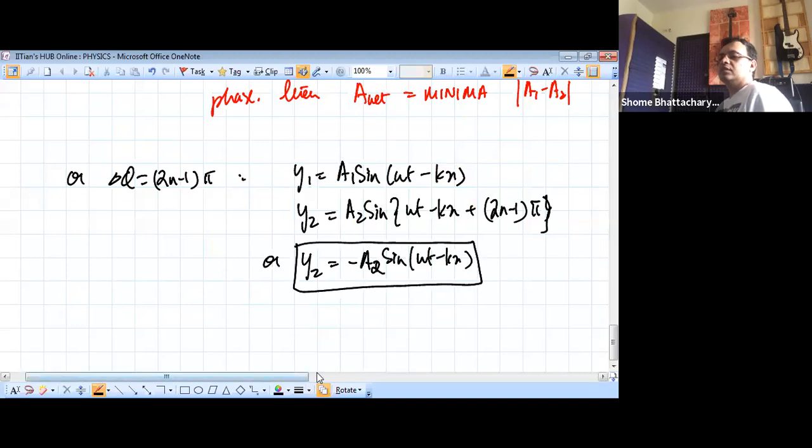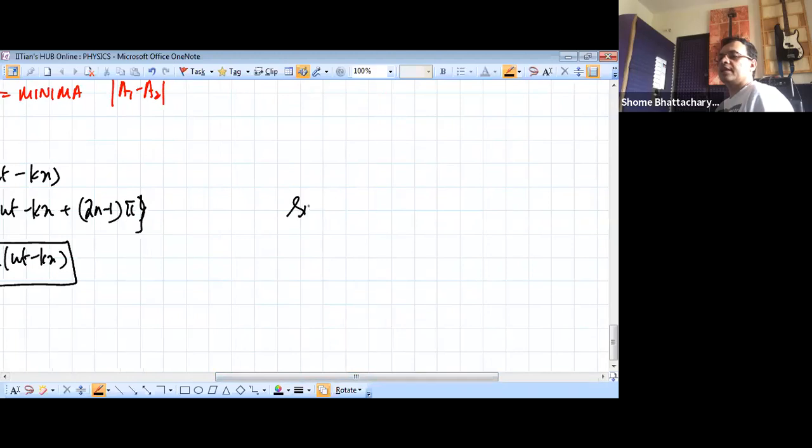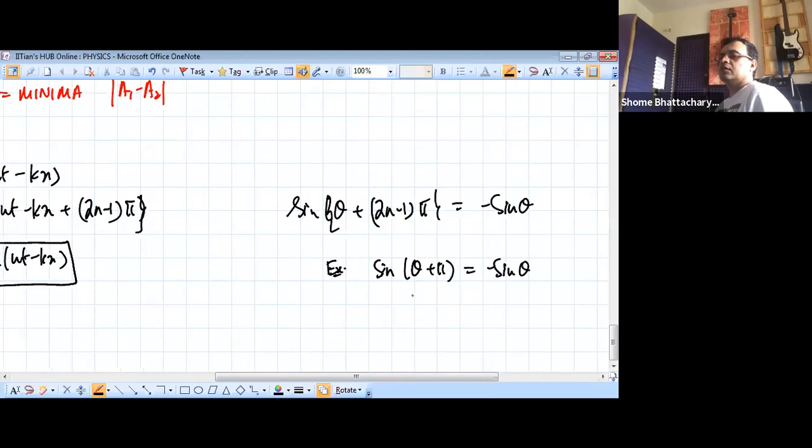The reason for that is simple trigonometry, that sine of theta plus 2n minus 1 pi is minus sine. For example, sine of theta plus pi is minus sine theta. Sine of theta plus 3 pi is minus sine theta. Sine of theta minus 3 pi or minus pi or whatever, it's minus sine theta.